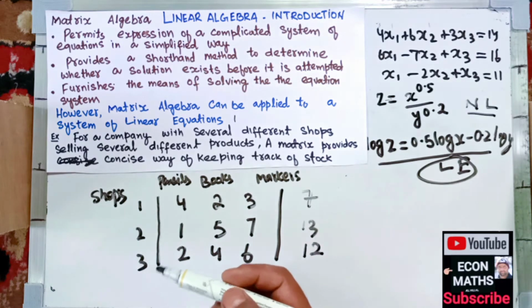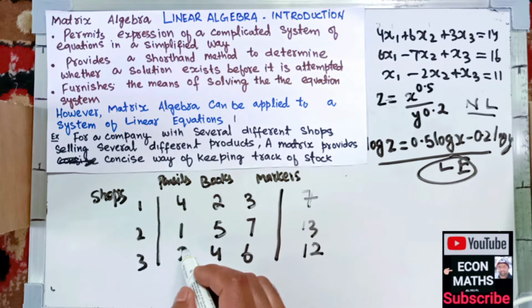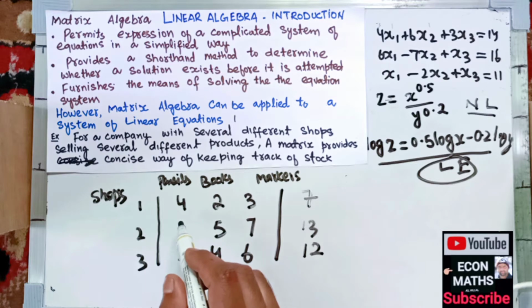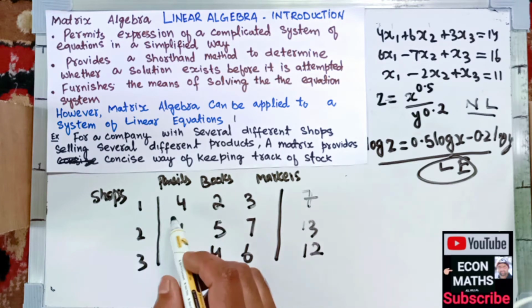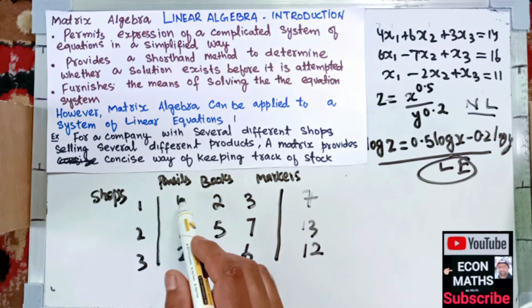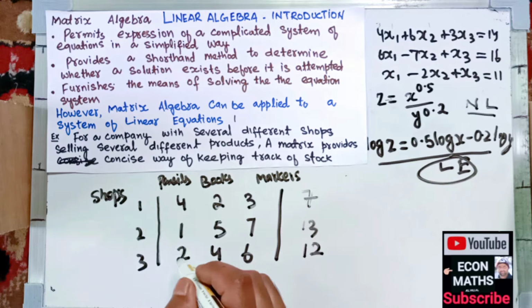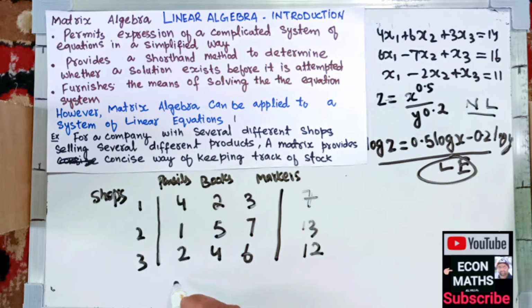Similarly, by reading down a column of the matrix, the company can determine the stock of any line of its products. Now we can see the number of pencils the company has in all three shops, that is 2 plus 1 plus 4, that is 7.